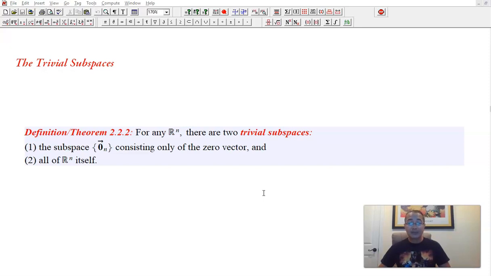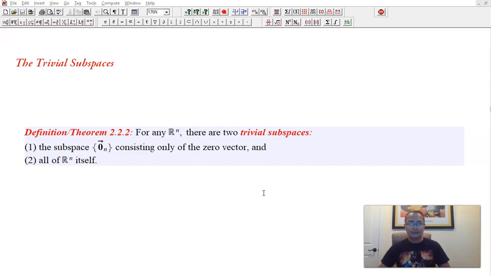If the subset contains only the 0 vector, it's already a subspace. At the exact opposite extreme, you have all of Rn itself, every vector in Rn. So why are both of these subspaces? Well, both of them are non-empty. They both contain the 0 vector. In fact, Rn contains all the vectors.